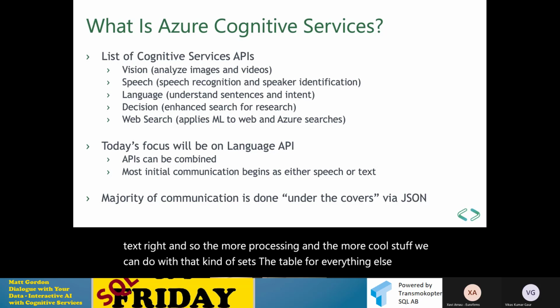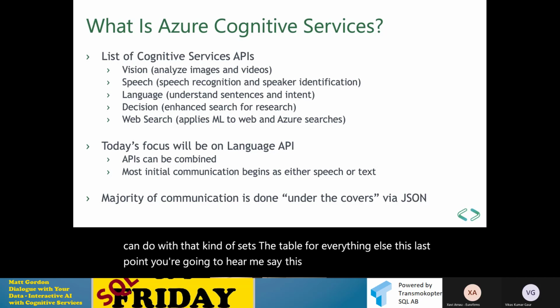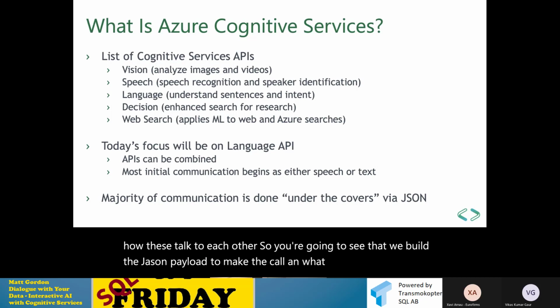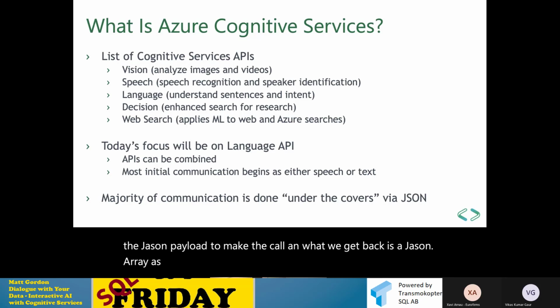This last point, you're going to hear me say this several times, but JSON is how these talk to each other. So you're going to see that we build a JSON payload to make the call, and what we get back is a JSON array as well. And so it's human readable to a certain extent.